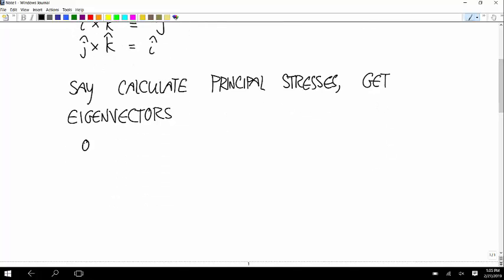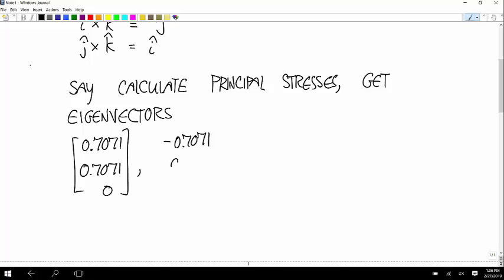I'm just going to make up 3 that I know are perpendicular. So let's say you get 0.7071, 0.7071, 0; negative 0.7071, 0.7071, 0; and then 0, 0, 1.